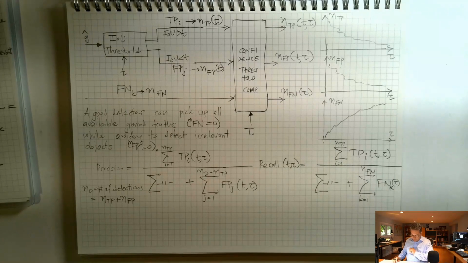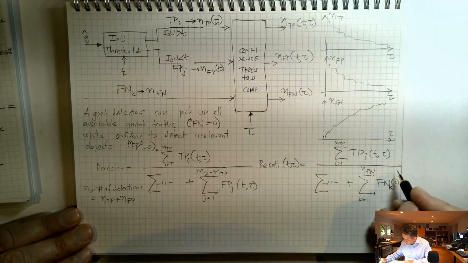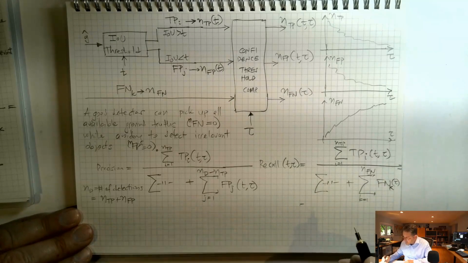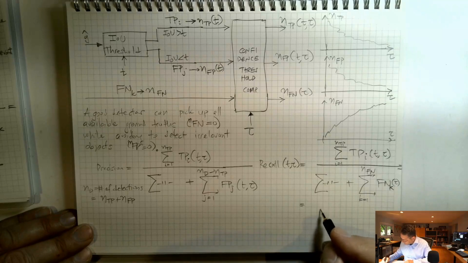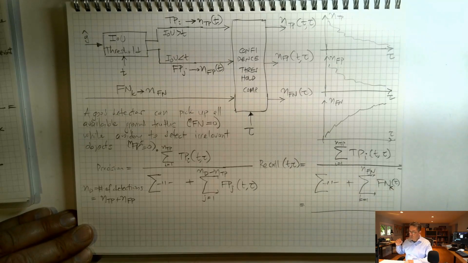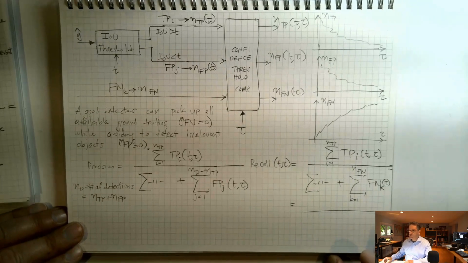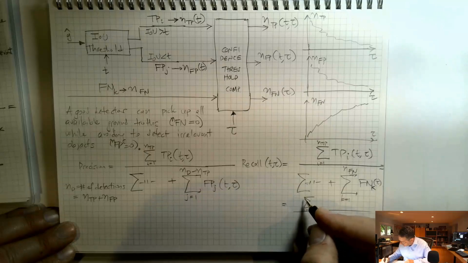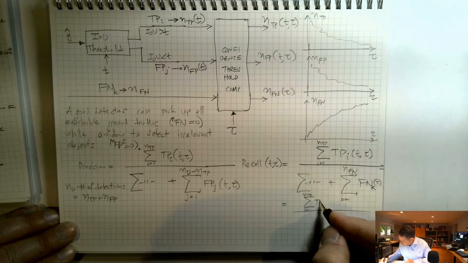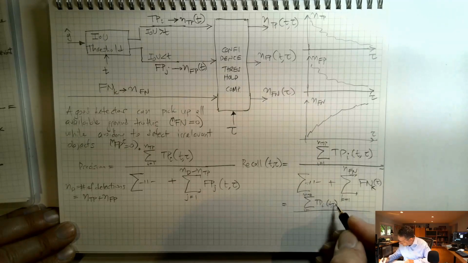All right, so I will be rewriting this slightly. The same numerator is the sum from i equal to 1 to NTP of TP of i of T comma tau.